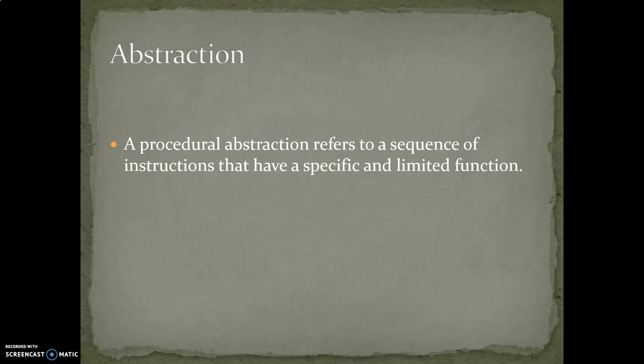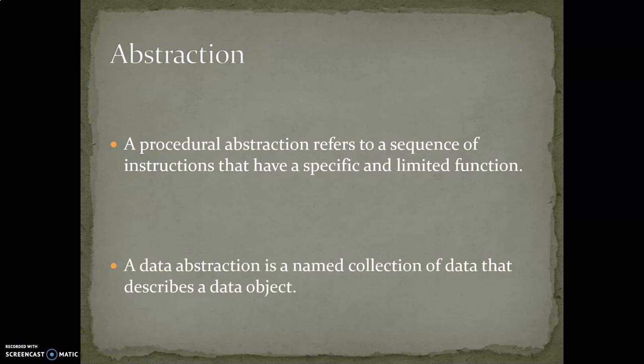Our next category is data abstraction, which is a named collection of data that describes a data object. So here, in the context of the procedural abstraction open, we can define a data abstraction called door. A door would encompass a set of attributes that describe the door.